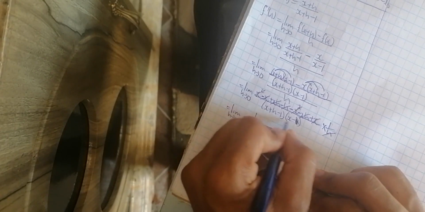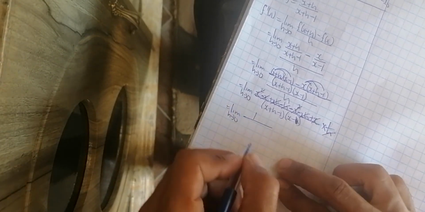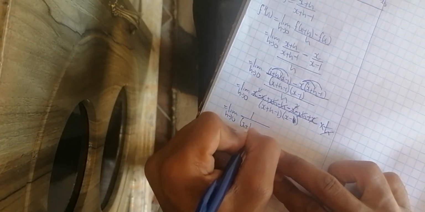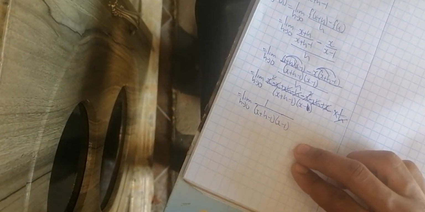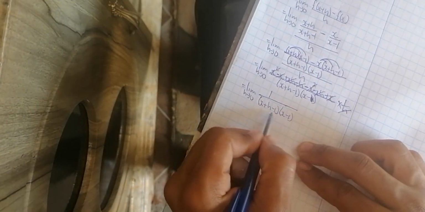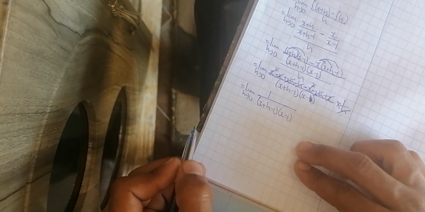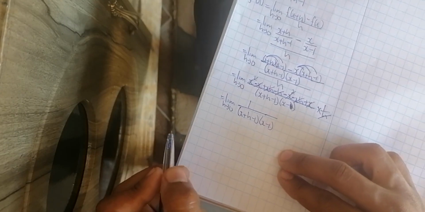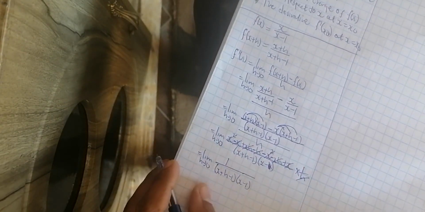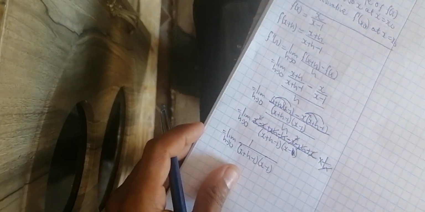And on the denominator now we have x plus h minus 1 into x minus 1. Do not forget that. Now when we are here, we can almost let h be equal to 0. Or do we have to, for example, solve that further?